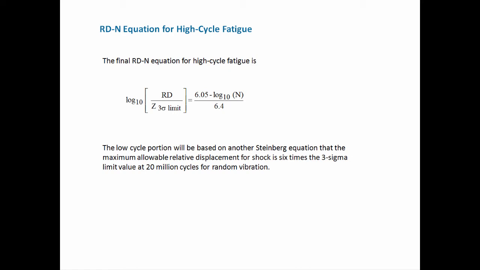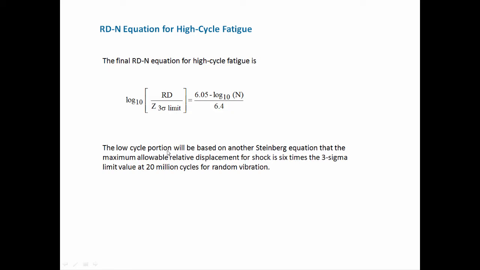But wait, there's more, because this is only going to be valid for what I'm going to call the high cycle fatigue portion of the RDN curve. Due to strain hardening and other types of effects, it turns out that at least in some cases these fatigue type curves tend to flatten out at the lower cycle counts.